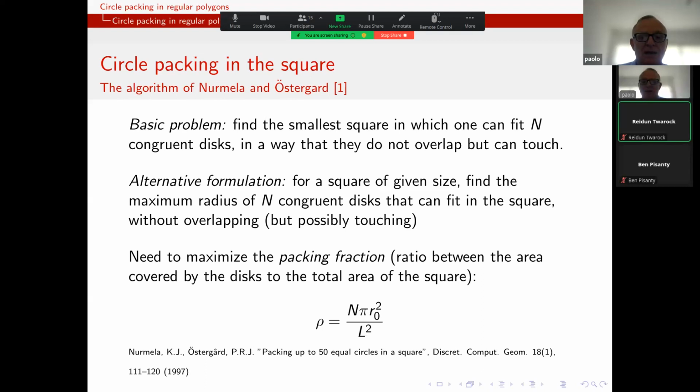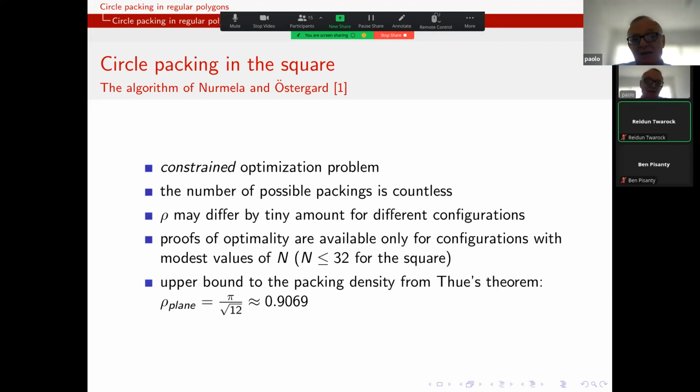The algorithm that I want to first describe was devised a long time ago by Nurmela and Ostergaard, which they used to numerically find packings of up to 50 equal circles in a square. So this is a constrained optimization problem. Constrained optimization problems are typically more difficult than unconstrained ones.